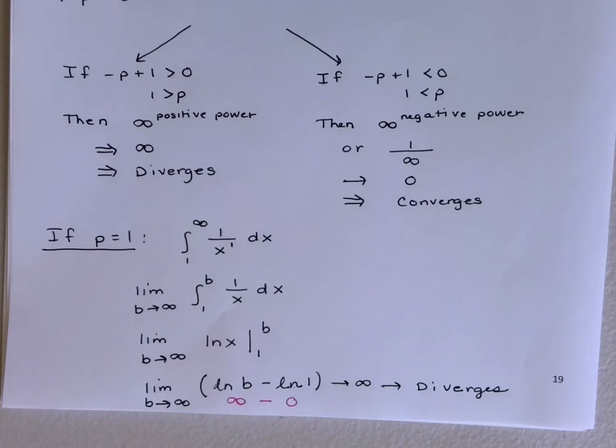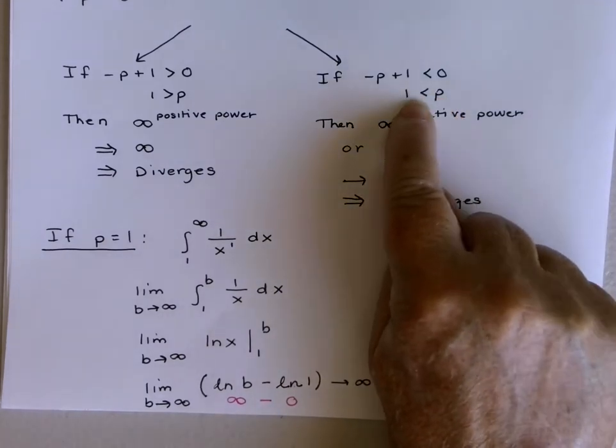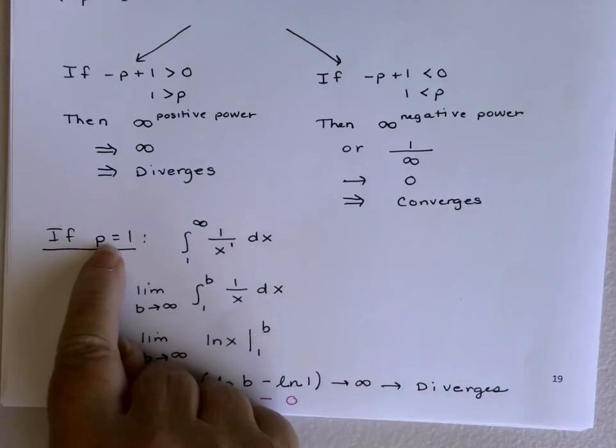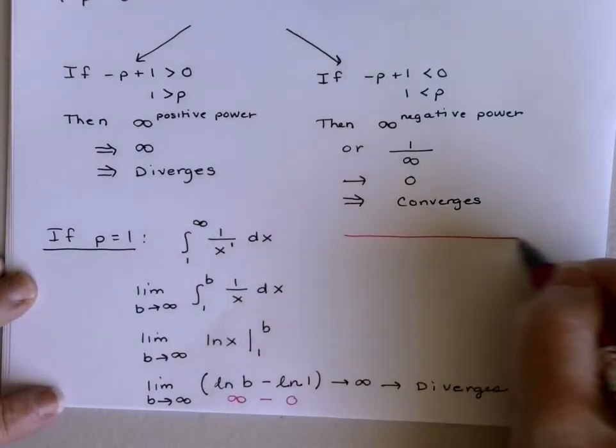So in summary, the integral that we're interested in only converges if p is strictly bigger than 1. If p is equal to 1, or if p is less than 1, it diverges. So let's write that up as a summary.